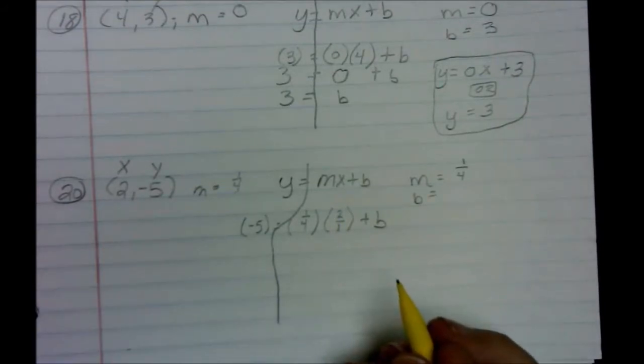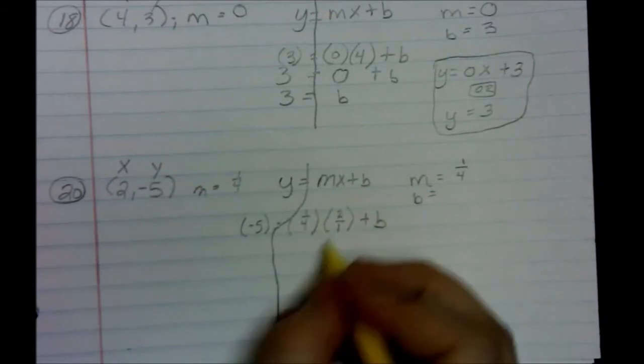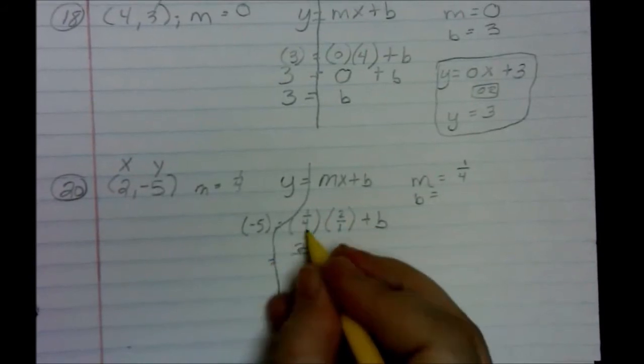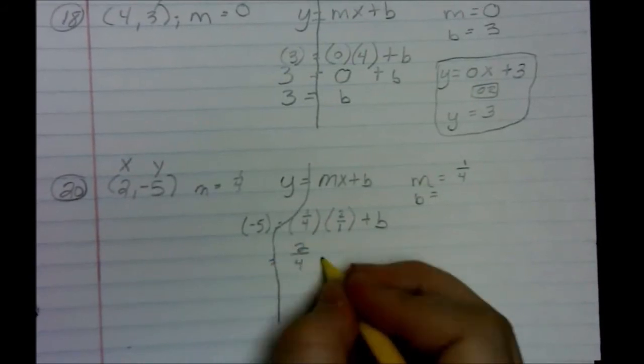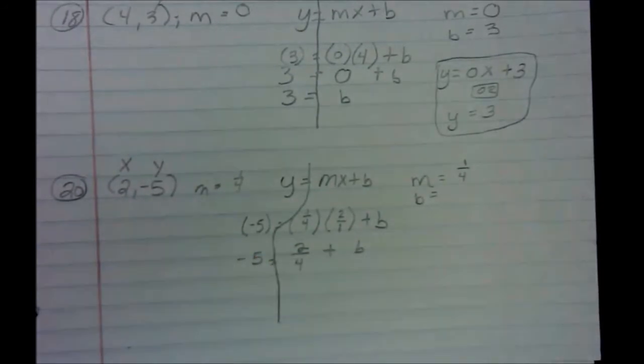So to multiply these together, I would multiply 1 times 2 to get 2, and then 4 times 1 to get 4, plus b, and I'm going to bring down my -5. Now I can simplify that 2 over 4 to be 1/2.